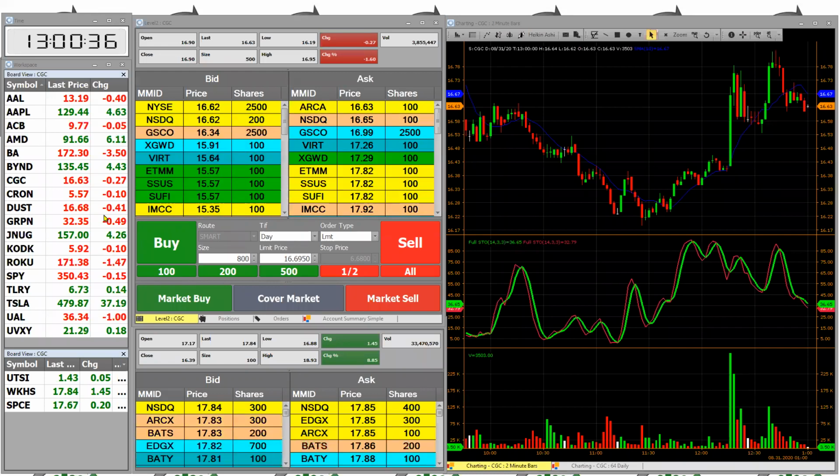This is one of the platforms that I use for day trading. It's all point and click. You could see the buttons, the buy and the sell, these big ones right here at the top.